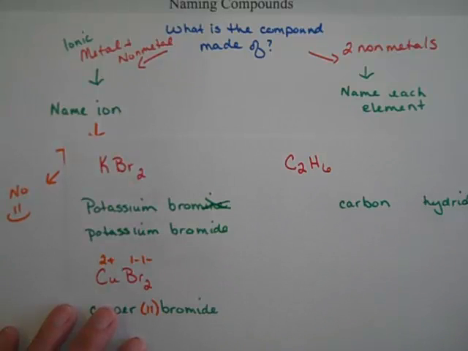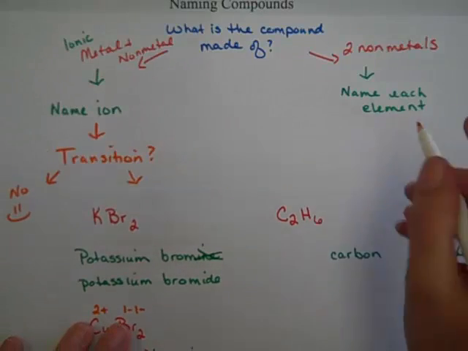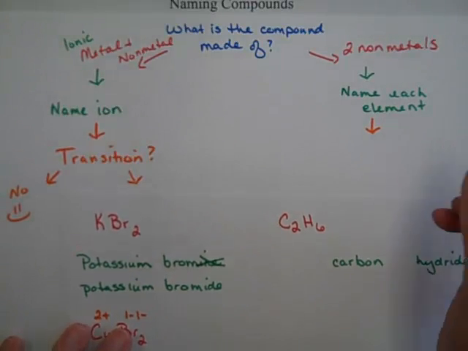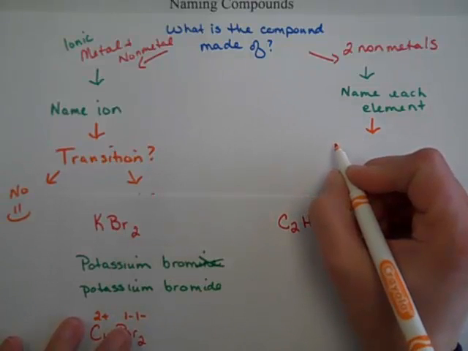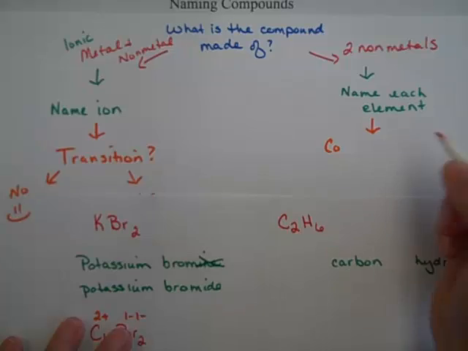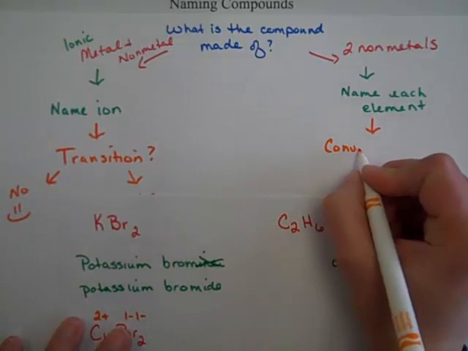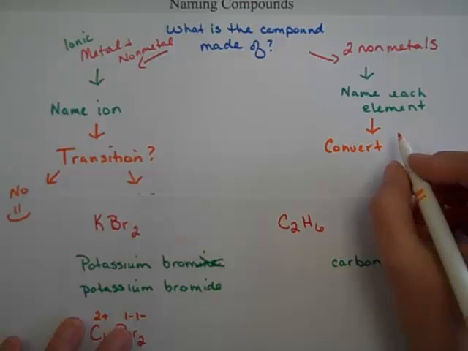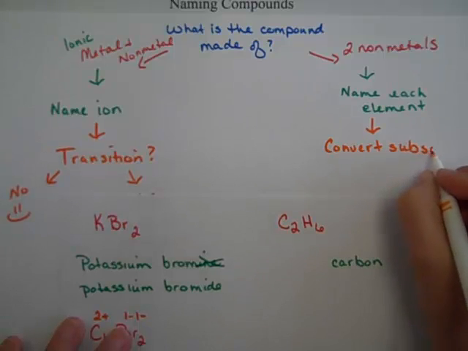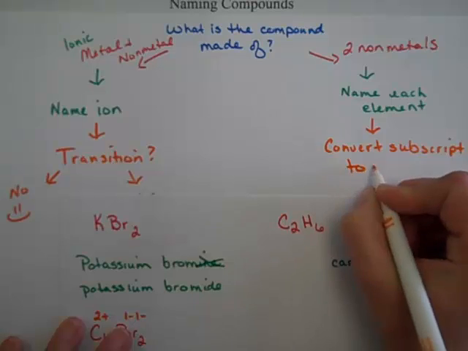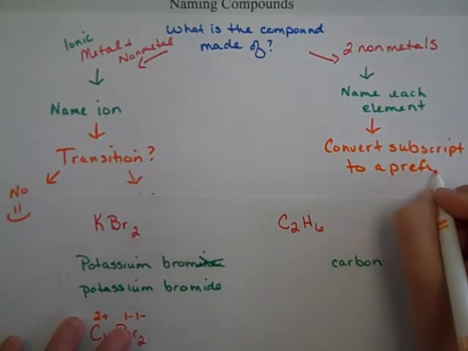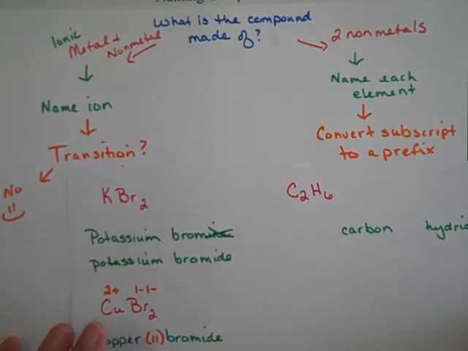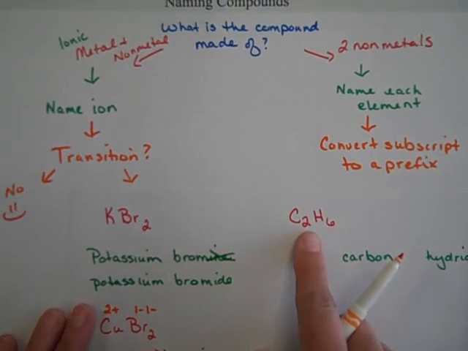Now remember, in molecular compounds, when we talk about those covalents, we have to indicate how many of each atom there are with prefixes. So after we name the element, the next thing we do is convert. We converted in the last one. We can convert the subscript to a prefix. The subscript is this number down below.